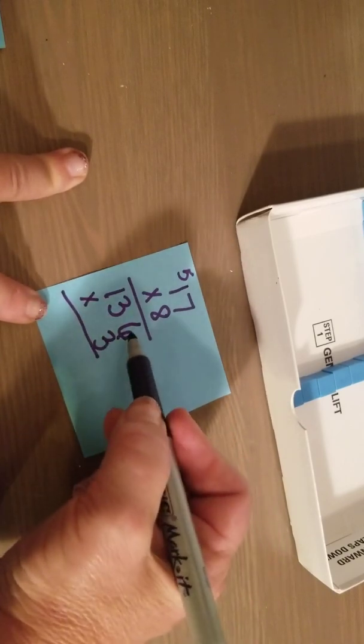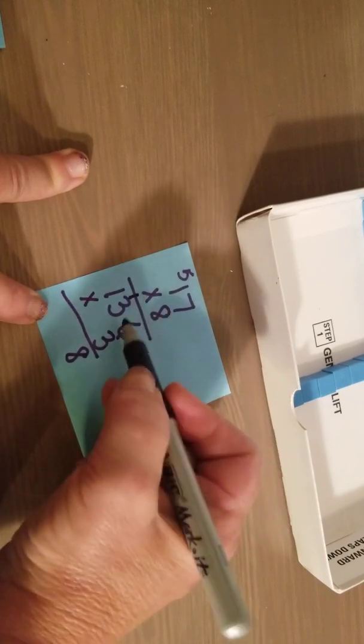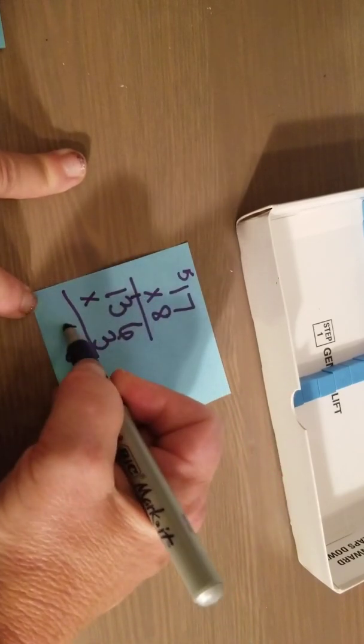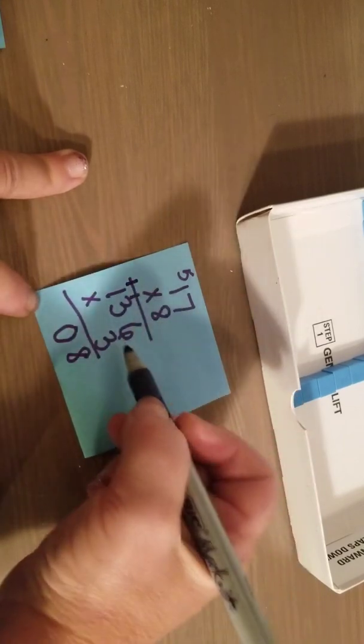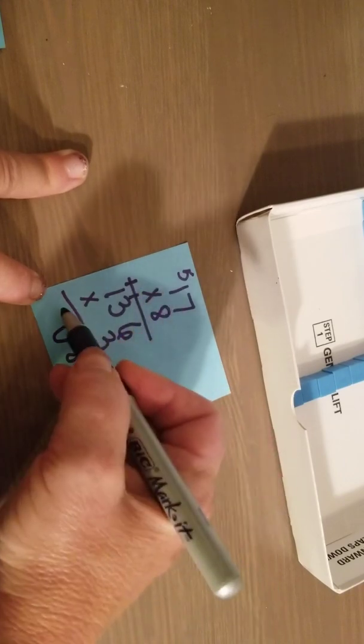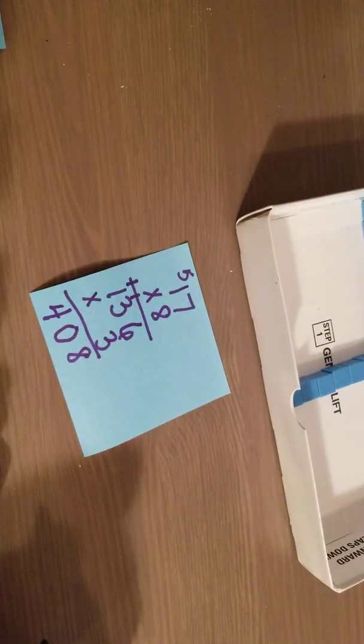So we're going to do 3 times 6, which gives me 18. Regroup. 3 times 3 is 9. Plus 1 gives me 10. Regroup. 3 times 1 is 3. Plus 1 is 4. So notice I got 408.